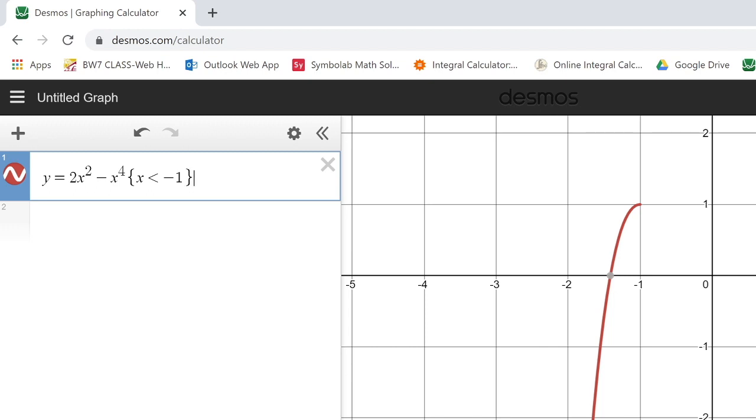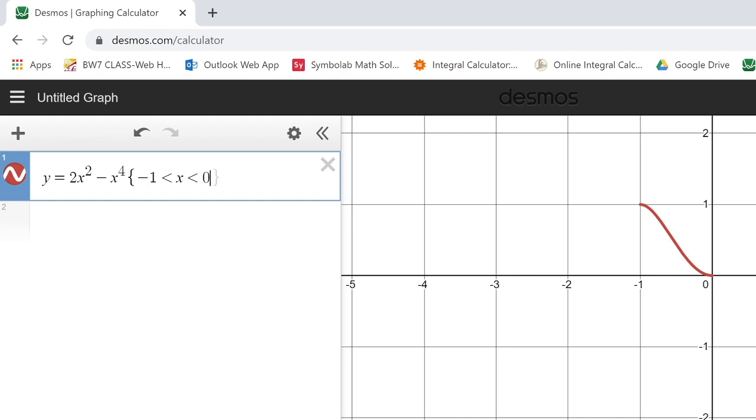And there you go, we have a one-to-one function. Again, that's not the only restriction we can do. What if I make x between -1 and 0? That also makes it one-to-one, right?